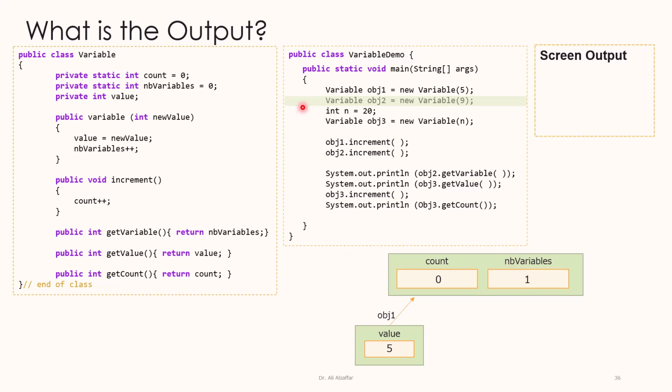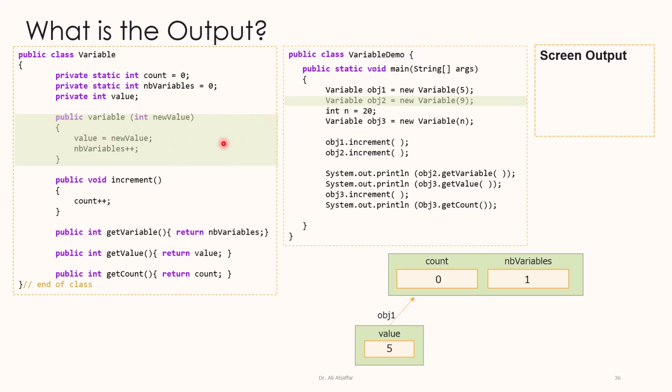The next statement also creates an object from the class variable by calling its constructor with an input parameter equal to 9. The constructor will save 9 into the instance variable value, and it will increment NB variables by 1. So NB variables will change to 2, and at the same time a new object will be created with instance variable value equal to 9.